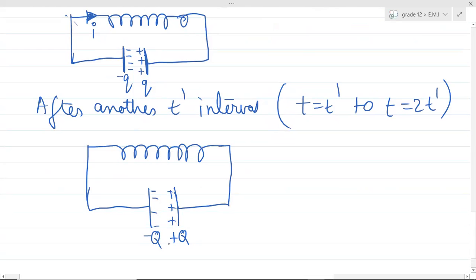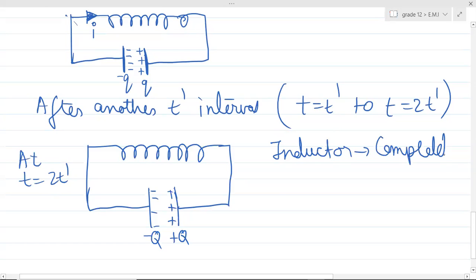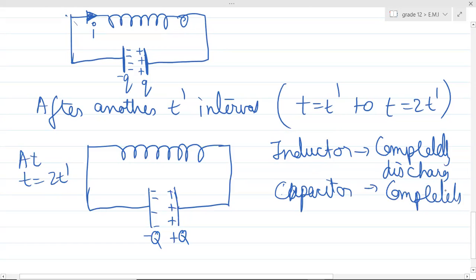Capital Q. So at t equals to 2t dash, the inductor is completely discharged and the capacitor is completely charged but with reverse polarity, right?